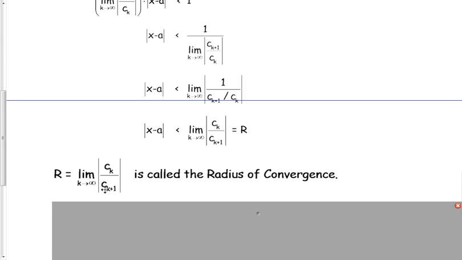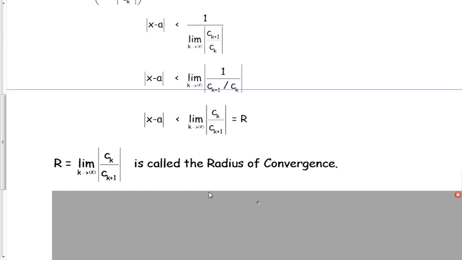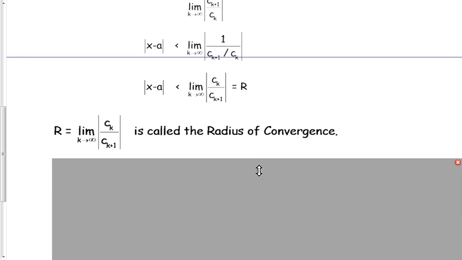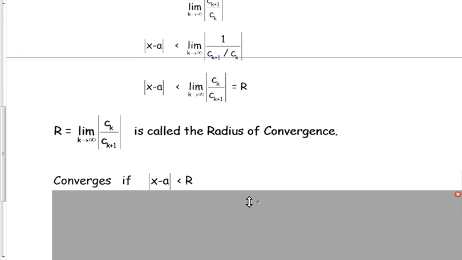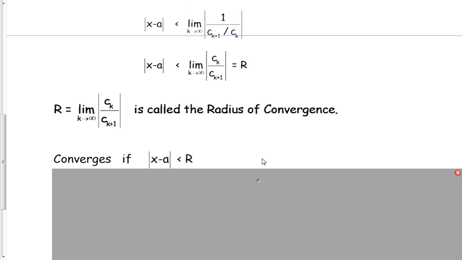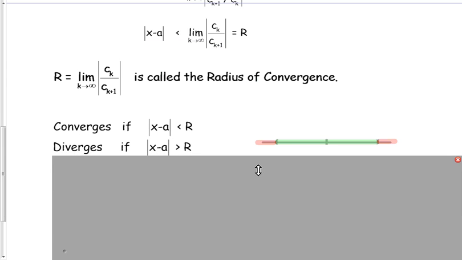So this is how we calculate R: it's the limit of the absolute value of the kth coefficient divided by the k plus 1 coefficient. So our power series converges provided the absolute value of x minus a is less than R. See, that's all we've got up here at this stage. That's when our power series converges.